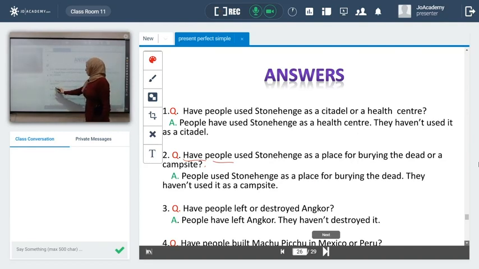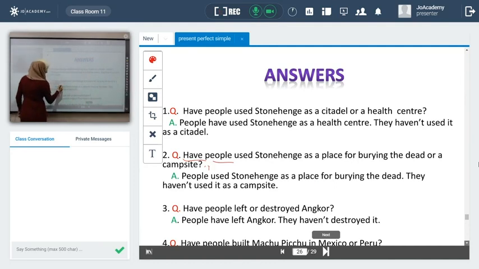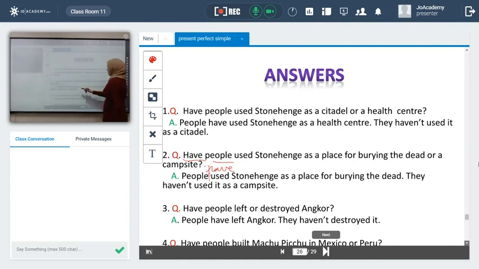Now, people used, or we can say also have used, because we don't have time. So people have used Stonehenge as a place for burying the dead. They haven't used it as a campsite. Again, people have used Stonehenge as a place for burying the dead. They haven't used it as a campsite.